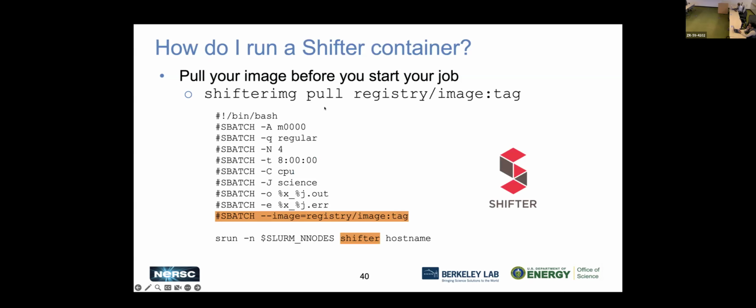Okay, how do you run a Shifter container? Once you pull your image, before you start, you can use shifterimg pull, and then registry, and then your image and tag. And then in your sbatch script, you denote that with the sbatch image option and the image location there.